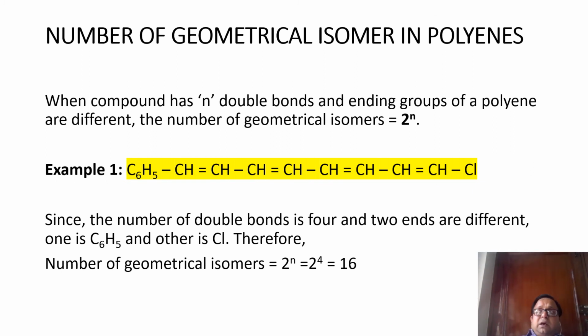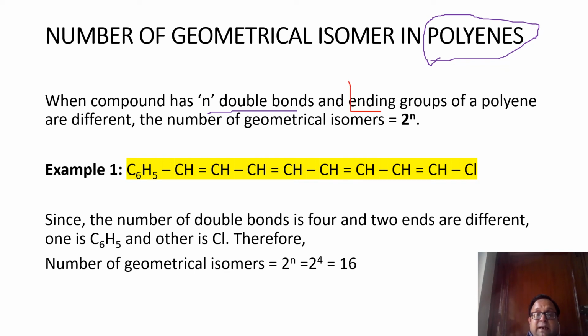Now I think I have been clear to you how to designate E and Z isomerism. Now let's look at some more examples where the double bonds are more than 1. In this case, the compounds are called polyenes. Now if there are n double bonds, and the ending groups, mind, here again I am mentioning one more point.